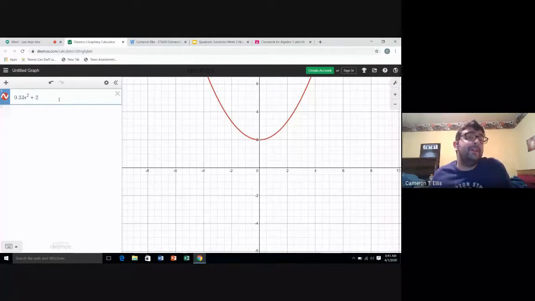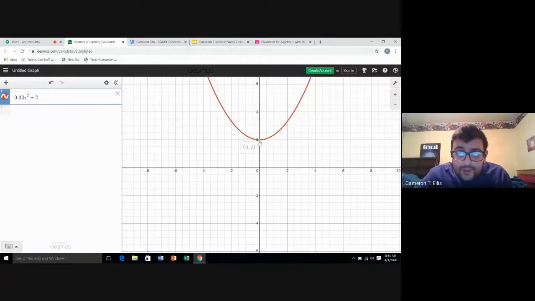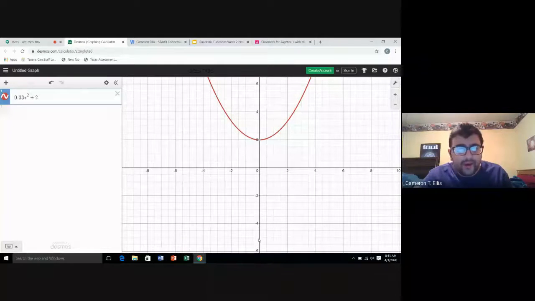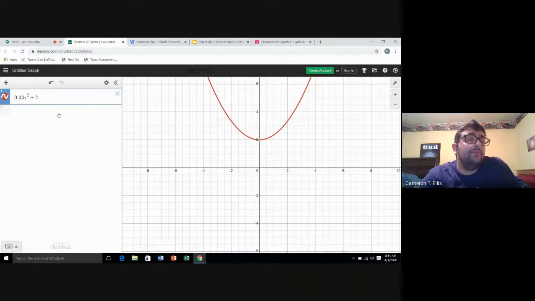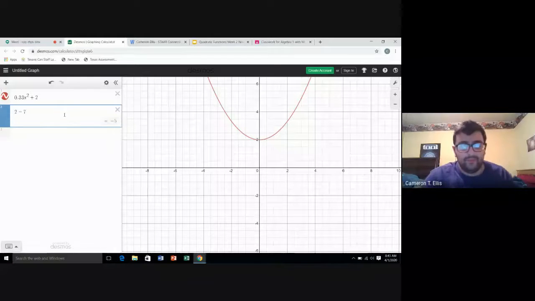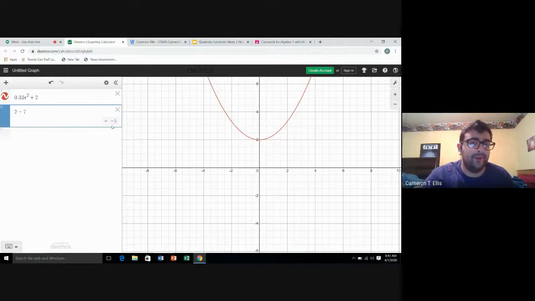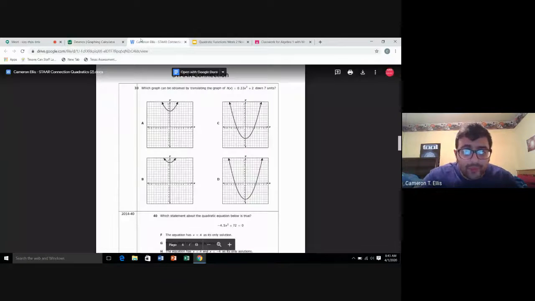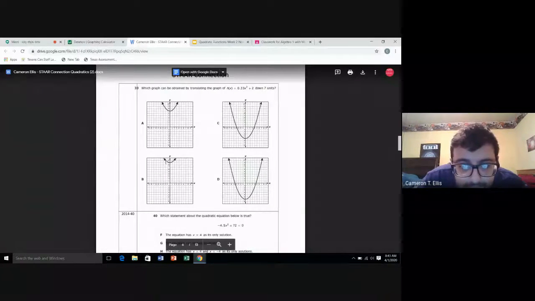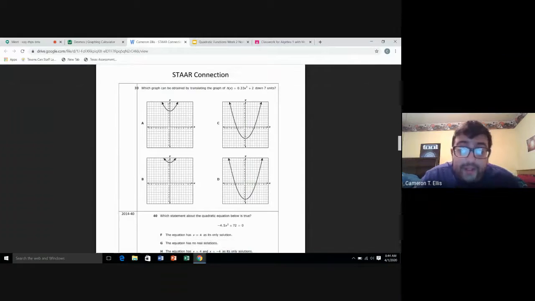So if I translate it down 7 units, let's see, I'm at 2 right now, right? So 1, 0, -1, -2, -3, -4, -5, right? What's 2 minus 7? It's going to go to -5, right? So which one of these graphs goes to -5? Not this one, not this one. 1, 2, 3, 4. Oh, I think it's that one, right?